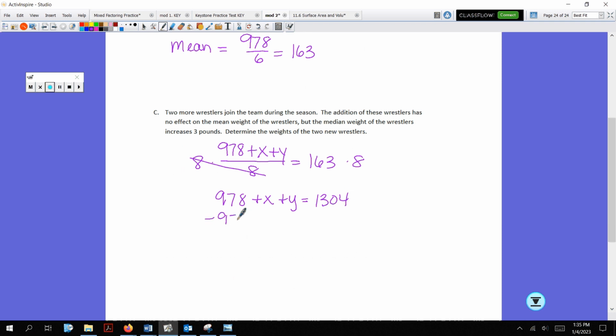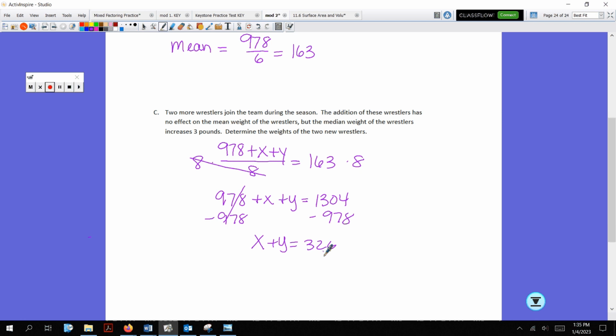Subtract 978, and you get x plus y has to equal 326. So the sum of the new wrestlers' weights together has to be 326. This guy plus that guy, total equals 326. All right, we know that.